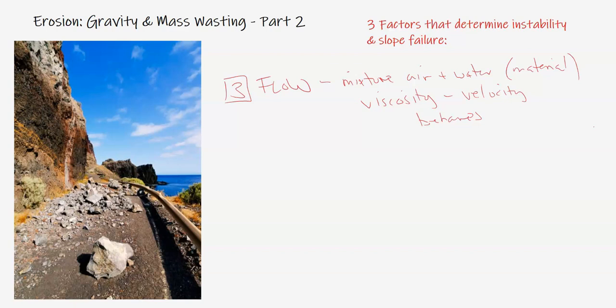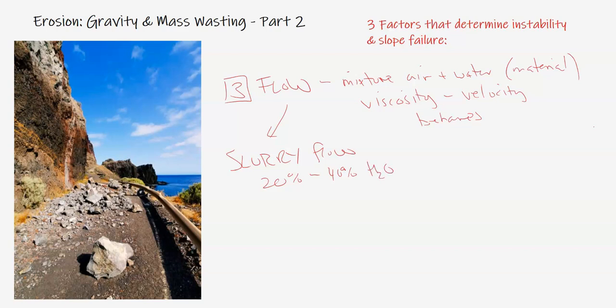There are two main kind of characteristics or categories. There is a slurry flow, which has the most amount of water, or a percent of water in the flow, which is 20 to 40% of it is going to be water based.